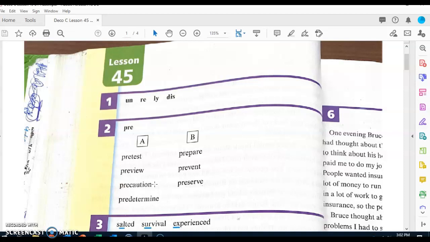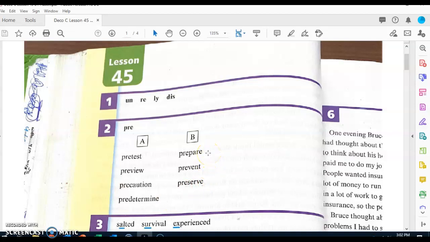A caution you take before something happens. Everybody touch the next word. What word? Predetermine. What does predetermine mean? To determine something beforehand.